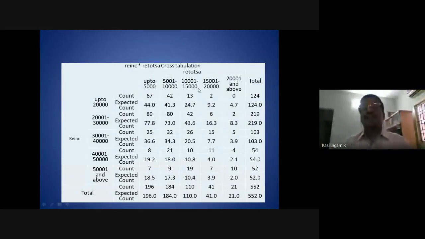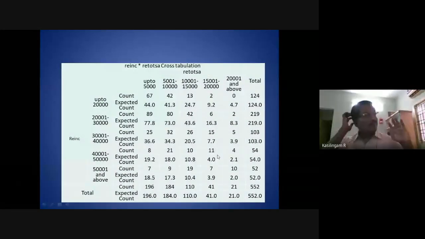Instead of having two categories, 15,000 to 20,000 and 20,000 and above, we will say above 15,000. Then both will be combined. So it will become 8. This will become 20. This will become 15. So your problem will be solved, right?